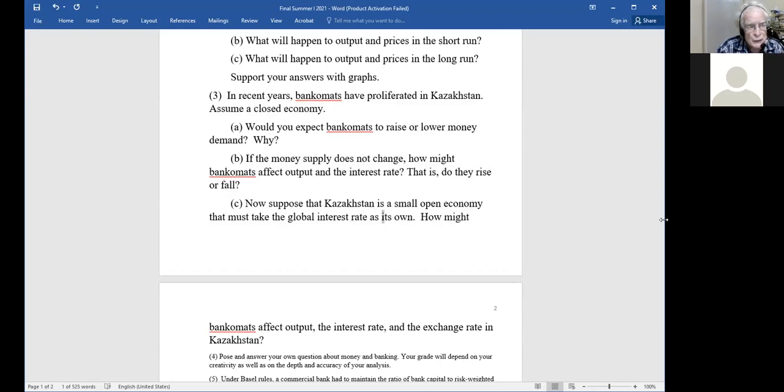Question 3 is best answered, I think, with the IS-LM model.